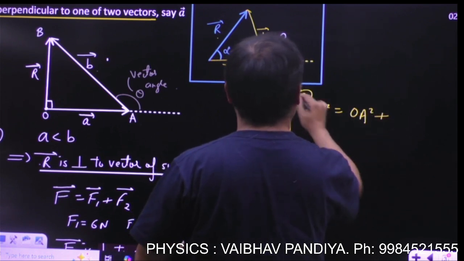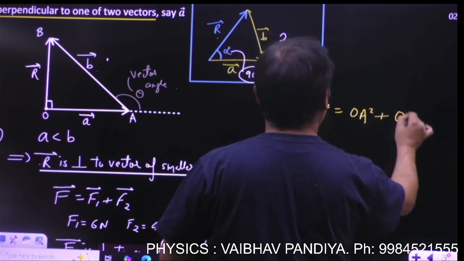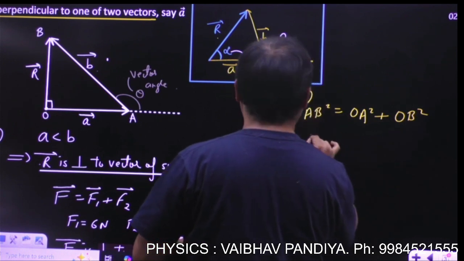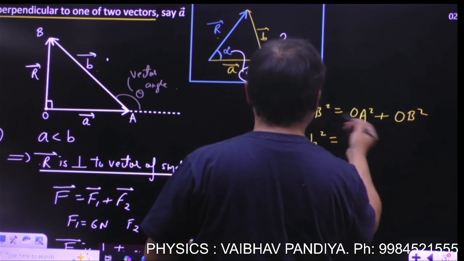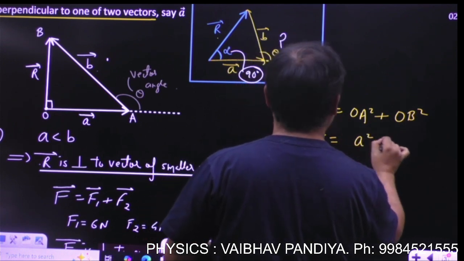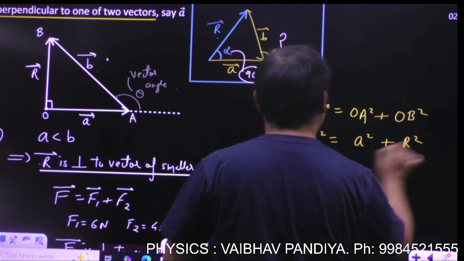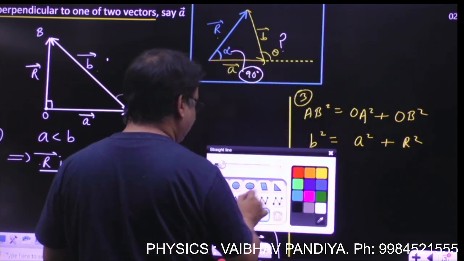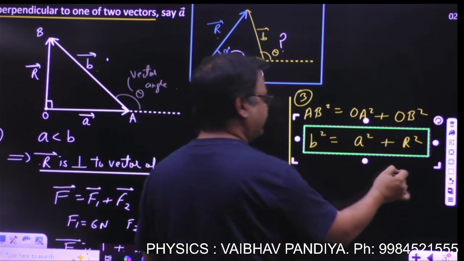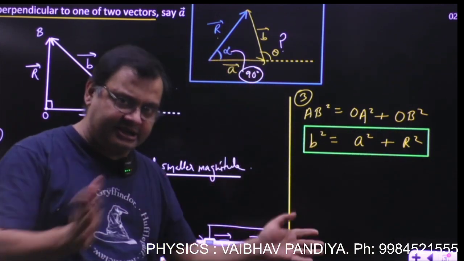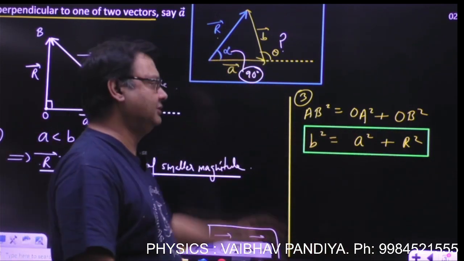This is the third property. So AB is the magnitude of B, OA the magnitude of A, OB the magnitude of R. This is the relation among the three magnitudes. Simply you are applying the Pythagoras theorem. So all three are related by this equation.